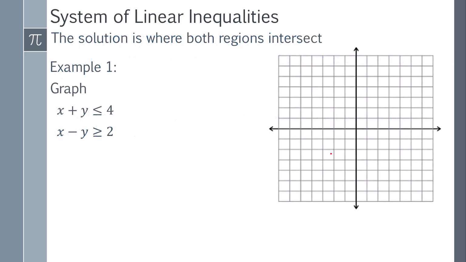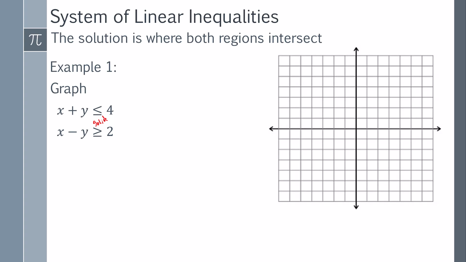So let's look at a couple examples. So we have x plus y is less than or equal to 4, x minus y is greater than or equal to 2. So both are going to be solid when I graph them. So we need to go through and graph these. Now, it might be an easy way in this method to find the intercepts.